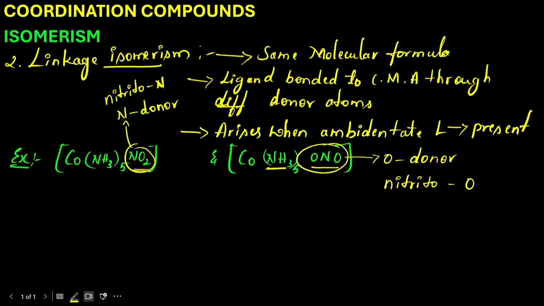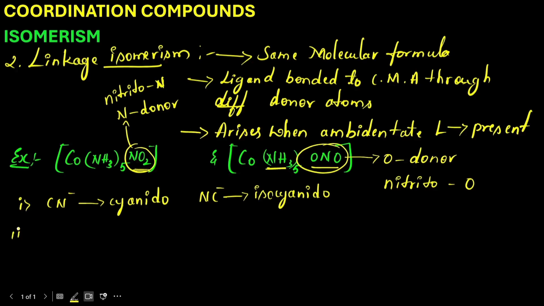Okay, we will see a few other ligands which give rise to linkage isomerism. The first one is CN minus, which is named as cyanido, and we have NC minus, which is named as isocyanido. And we have one more, that is SCN minus.